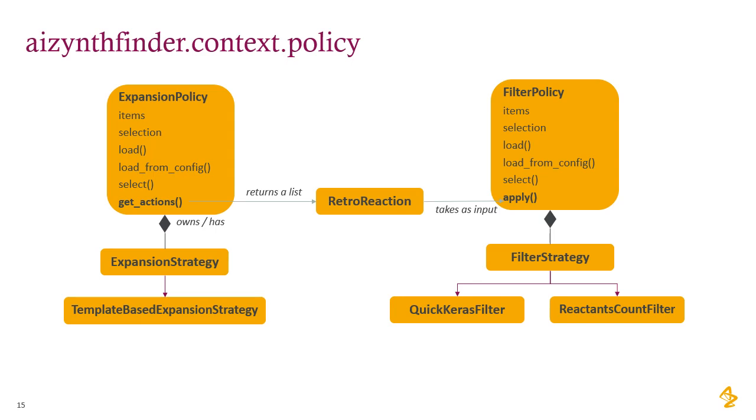And if the filter is okay with the retroreaction, it's not unfeasible, for instance, nothing happens. But if the retroreaction should not be pursued by the search, then the filter policy will raise an exception, signaling that this reaction should be discarded. So that's the relationship between those classes.